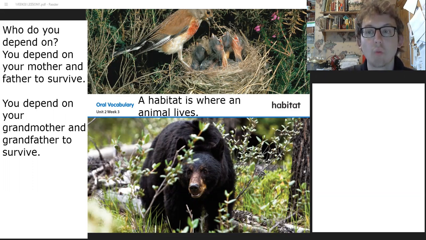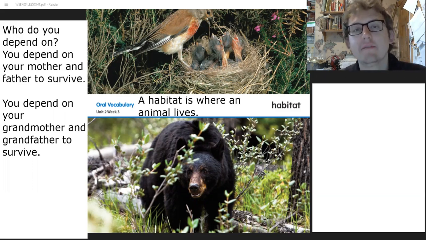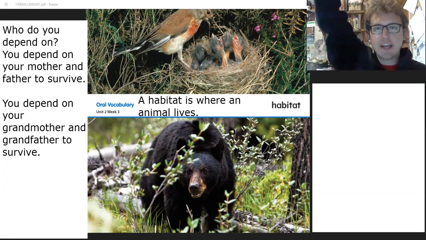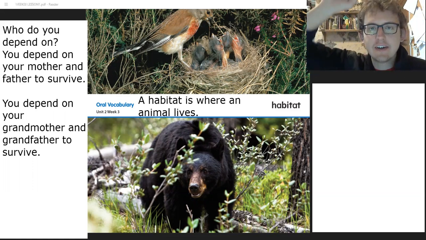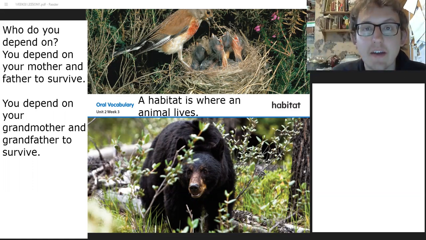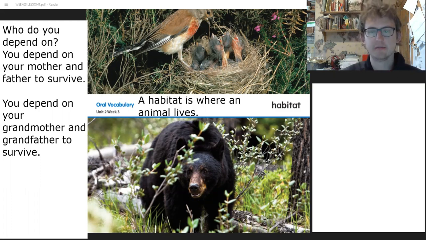Like a fish. Where is the fish's habitat? Do you know? If you have an idea, raise your hand. Oh, okay, I want you to tell me. The fish's habitat is, yes, the fish's habitat maybe is in the water or the ocean or the lake, right?